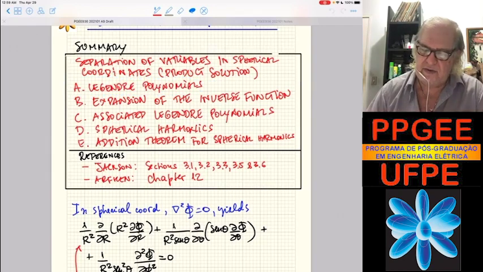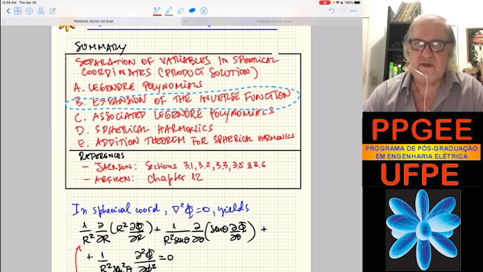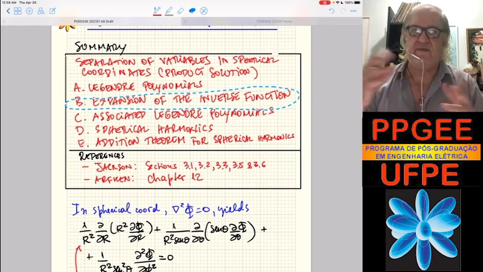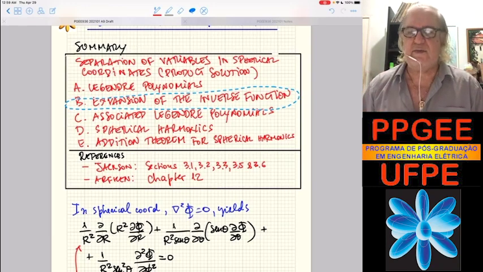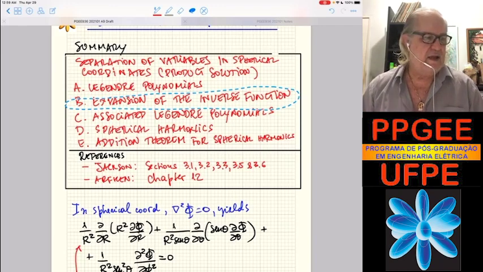We are also going to describe a powerful technique initially in terms of Legendre polynomials, which is the expansion of the inverse function. The inverse function appears in several formulas in electromagnetic theory, and it's very important to be able to expand this function in normal orthogonal functions.